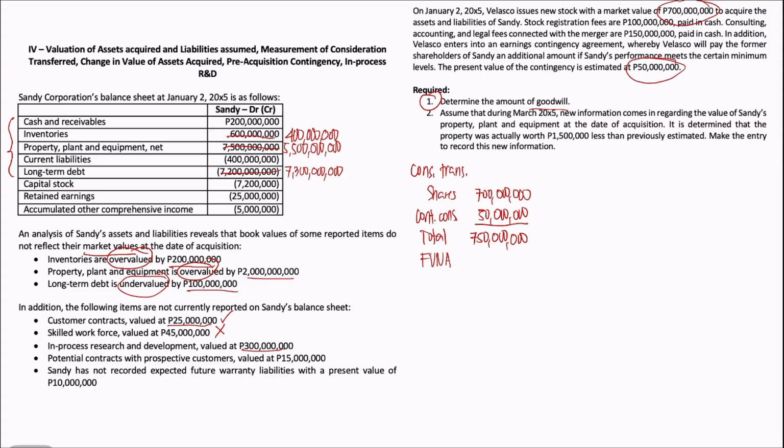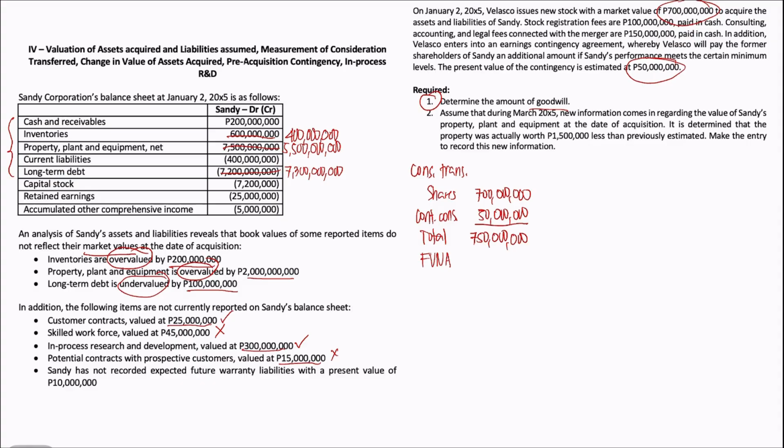Hence, in-process R&D is included in the acquiree's net assets. Next is potential contracts with prospective customers valued at $15 million. Under both normal accounting and accounting for business combinations, this does not qualify for asset recognition. That's because the contracts have not yet been obtained, as they are potential contracts only.